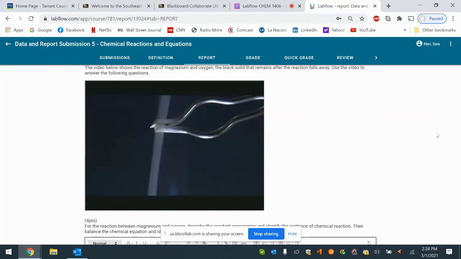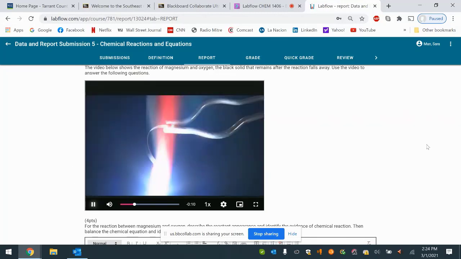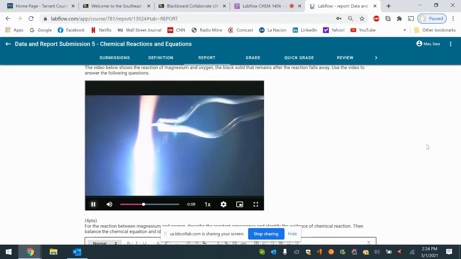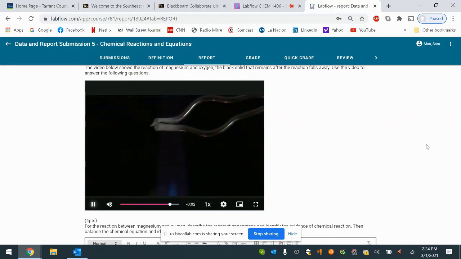What are you seeing? You have a metal. You look at the metal that is burning. Magnesium is burning and reacting with oxygen. So what else do you see? Before the reaction, you have the metal, right? You have a shiny silver metal, and then you burn it with the Bunsen burner, and you end up with what?